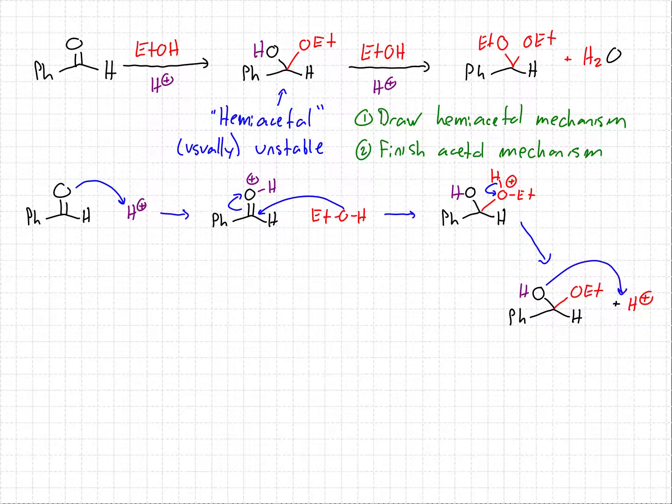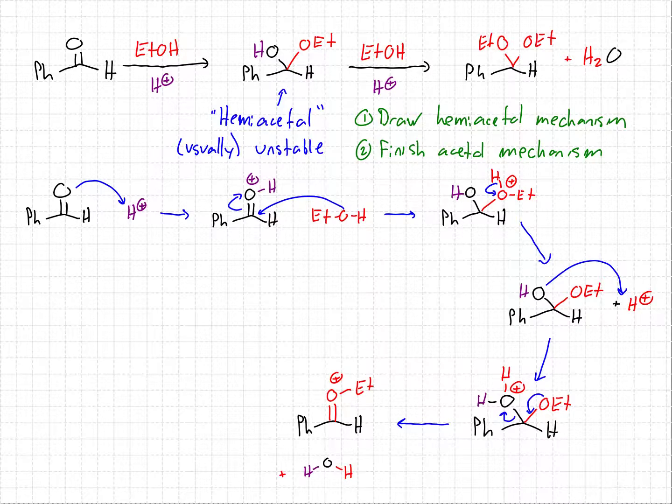What happens next is the OH group will pick up that proton, making it a much better leaving group. Water can now leave, assisted by the fact that we have lone pairs adjacent to water of our ethyl ether. This will make something that looks a lot like our oxonium ion. Now at this point, we can't just lose that ethyl group.